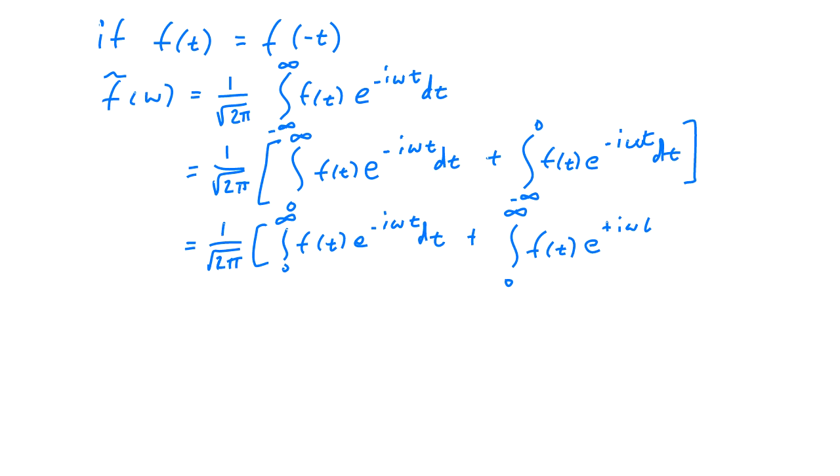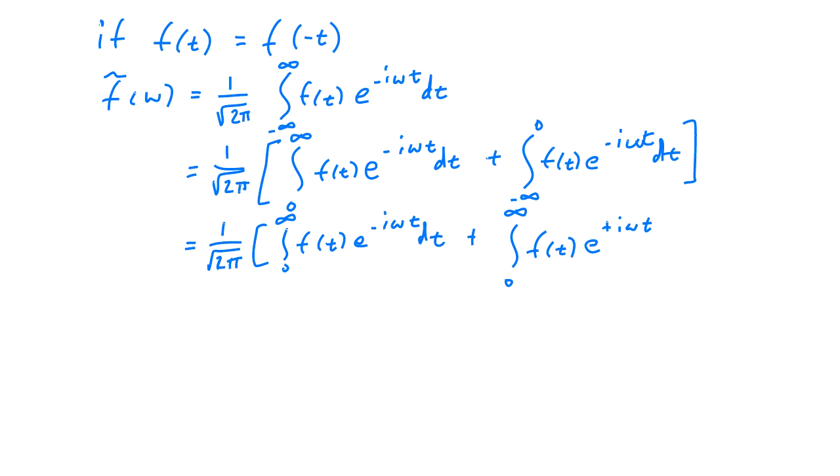And then with the dt, I flipped the sign twice. I flipped it once when I moved my limit from minus infinity to 0 to 0 to minus infinity, and I flipped it again when I made t go to minus t.